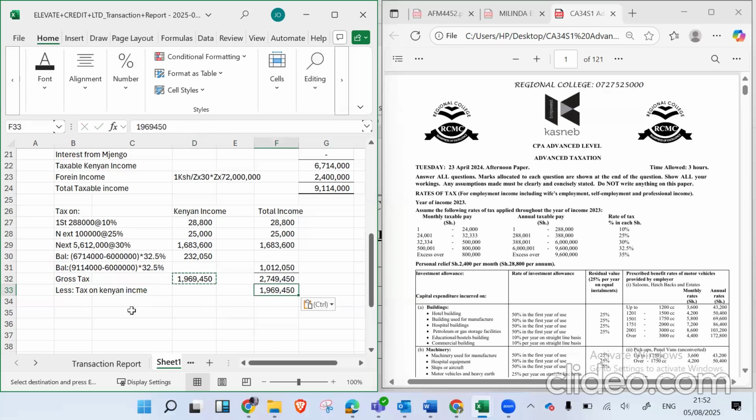So we come and less here. So that now the difference becomes the Kenyan tax on foreign income, which is this minus this.